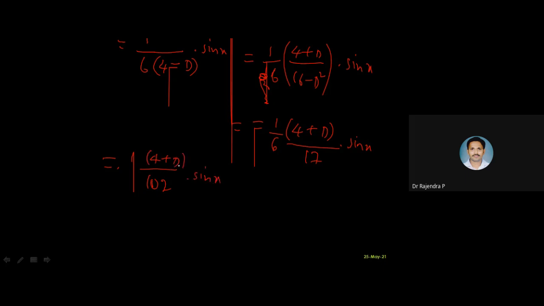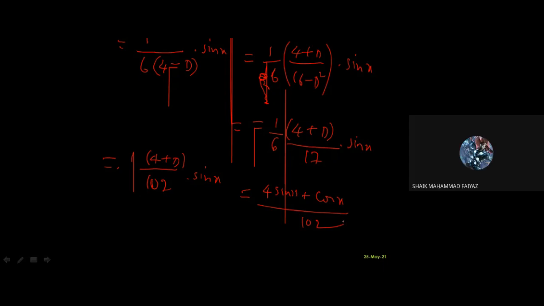Now D is there in the numerator. How can we remove that? Just operate D on sin x. So 4 times sin x is 4 sin x, and the derivative of sin x is cos x, all by 102.